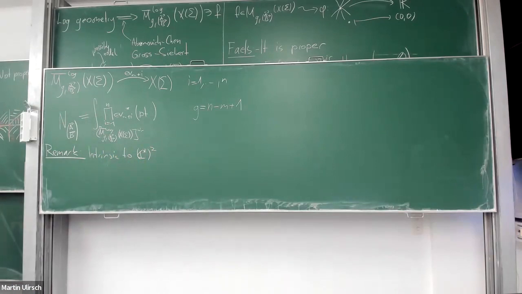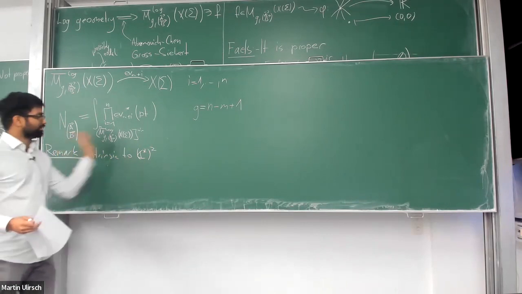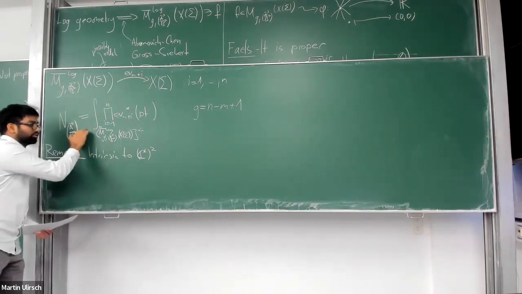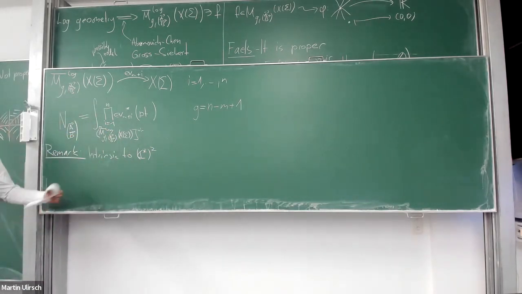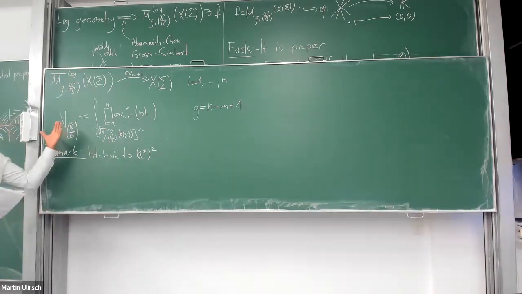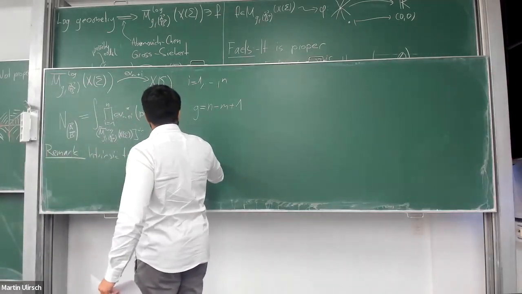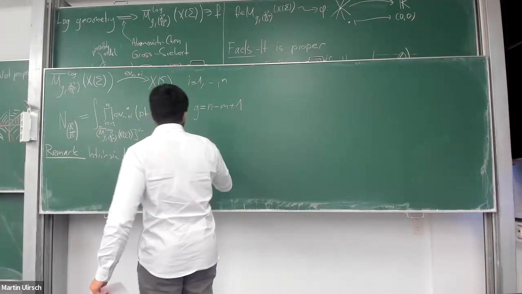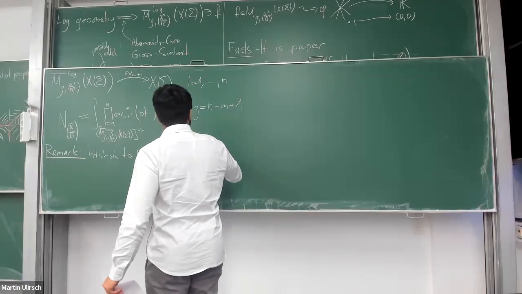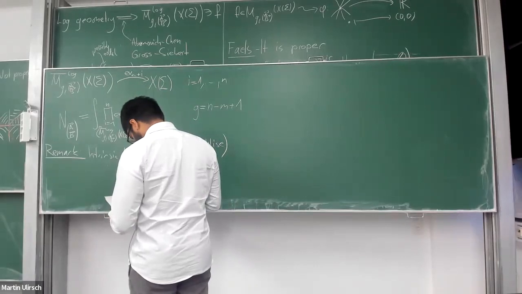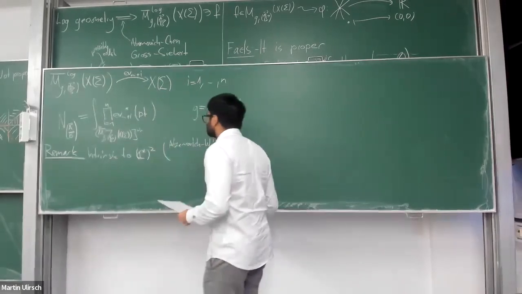You remember I chose some smooth toric compactification of my C star squared to define these numbers. And what I mean by intrinsic to C star squared is that these numbers do not depend on that choice. If I chose any other smooth toric compactification, you will get the same number. This is the result of a paper by Abramovich, Wise on the birational invariance of logarithmic invariants. Questions?